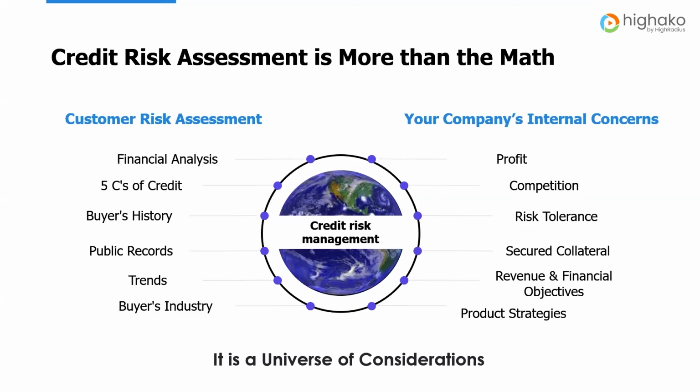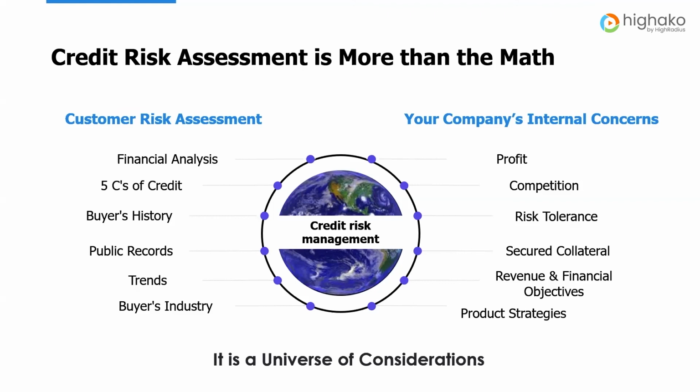If you're a very minimal profit, the risk tolerance may be very low. If you're a highly leveraged company, maybe your risk tolerance is pretty low. You have to understand if your company is able to get secured collateral and really protect themselves. You need to understand what the overall financial objectives of your company are and how this potential customer fits into that. And what are the product strategies?